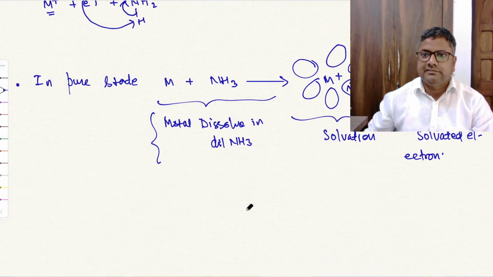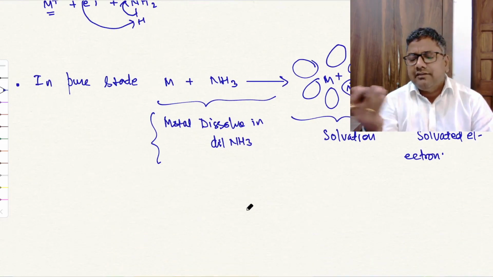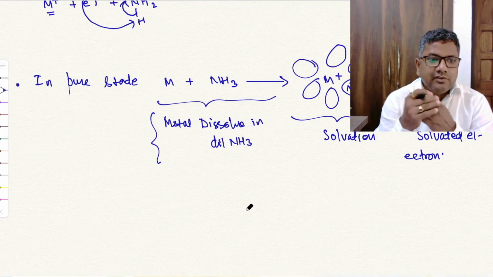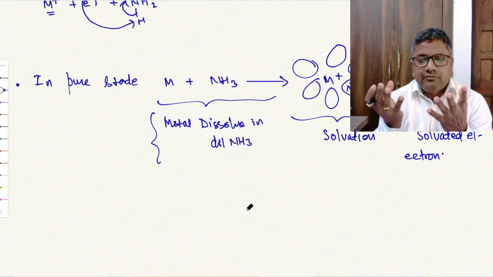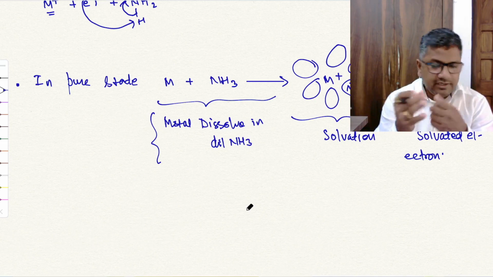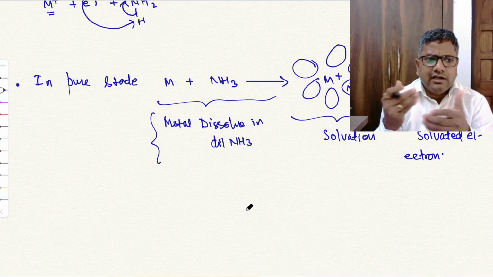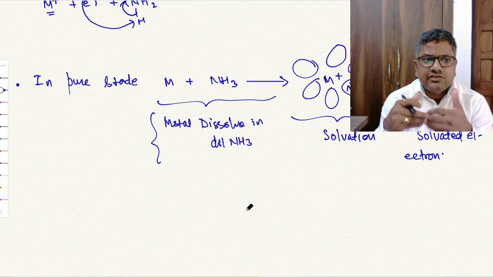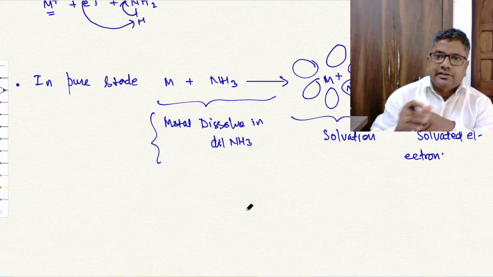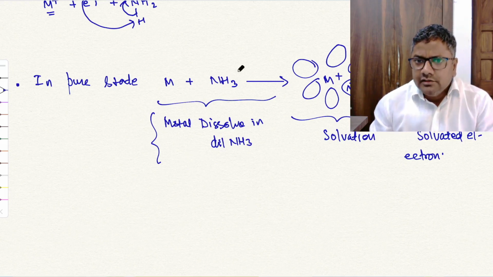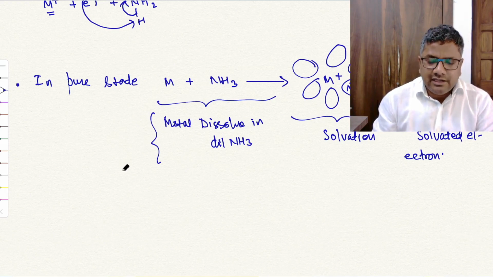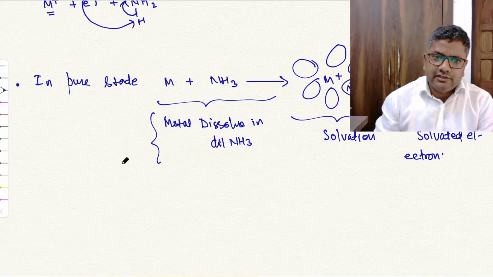Different metals have different solubility as well. Lithium has approximately 10.9 grams per 100 grams of ammonia, sodium has 25.1 grams, and similarly potassium. So solubility of first group metals increases down the group, and even at low temperature, at 0 degrees Celsius, they show solubility.